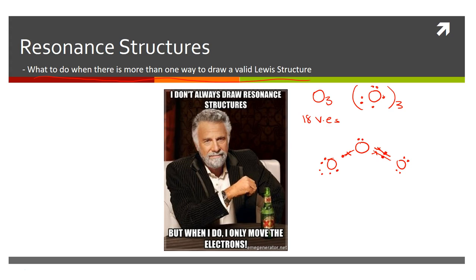So this is where we start to see resonance. We have this double bonded oxygen and a single bonded oxygen over here. We have this ability where those electrons start being bounced across between all the oxygens.